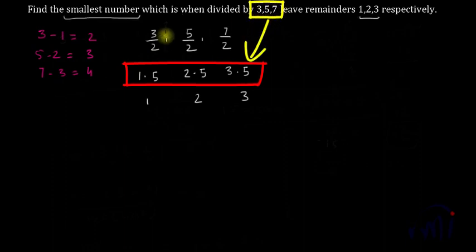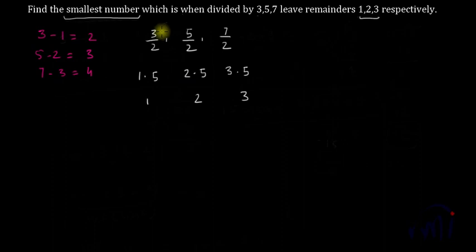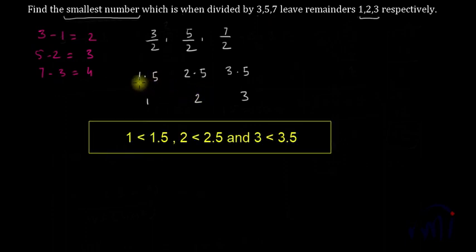That means we'll leave the same remainder when the number is divided by 3 by 2 or 3, or when it is divided by 5 by 2 or 5, or when it is divided by 7 by 2 or 7, because in each case these remainders are smaller than the factors of the original numbers.